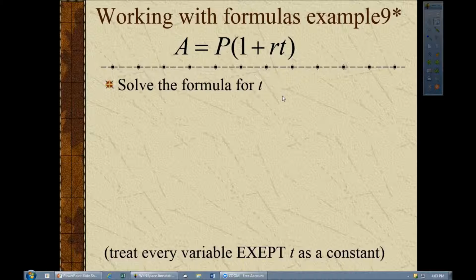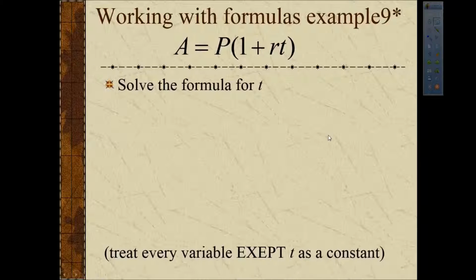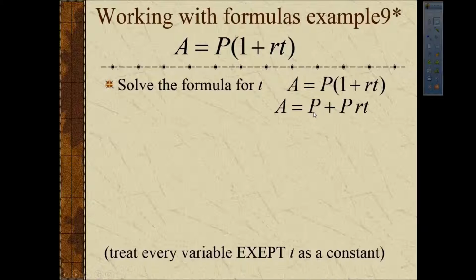So let's follow the same process we've been following all along. We're going to simplify the right side and then try to isolate this t, try to undo the order of operations until t is by itself. Distribute the P, that's how we simplify that right side. We wind up with P plus PRt. Next step is to try to isolate this t.